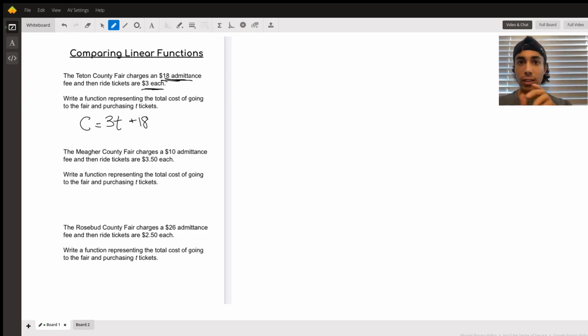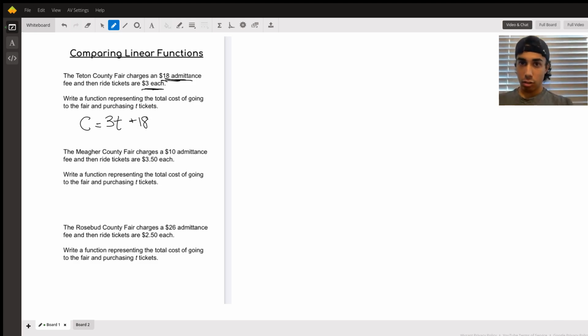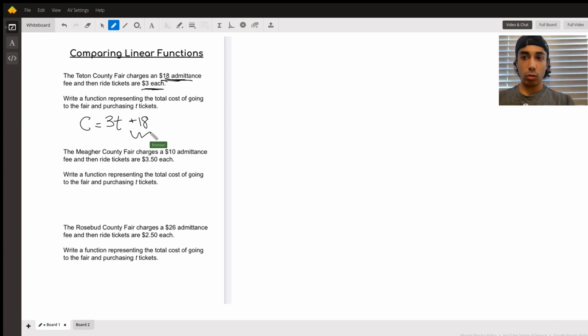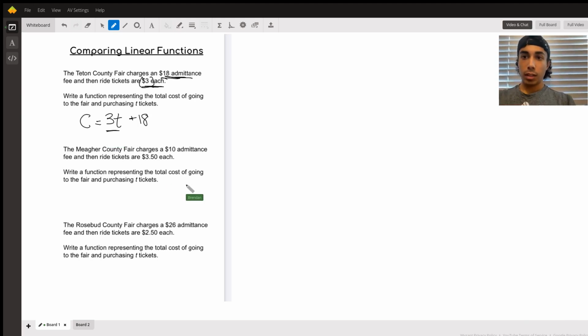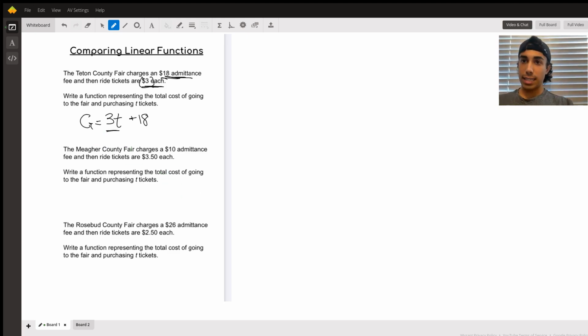Notice that whatever the flat fee is, the fee that it costs just to get in, is what is added at the end, and whatever the ticket price is, that is what is being multiplied by T. It's $3 times the number of tickets plus the initial 18. And I'll write CT because that is cost for Teton.